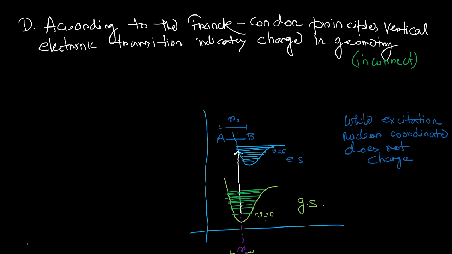It will start rolling down to the V0 state of the excited state. Now the geometry is something like this, and the bond distance will be something like R. So this bond distance increases.